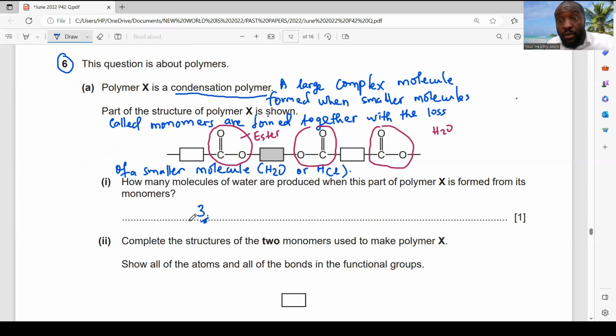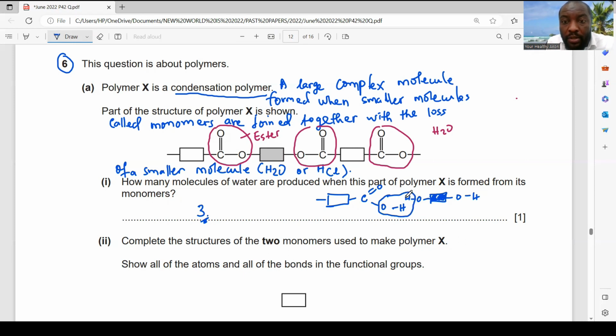Now, if you want us to go deeper into that, look at this. This is what this monomer is coming from, and this other monomer is a diol. Let me show you what I'm talking about. You're going to have this. So what is lost here? The water molecule is being lost.